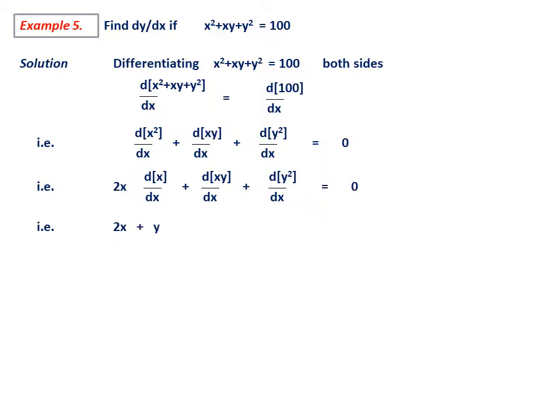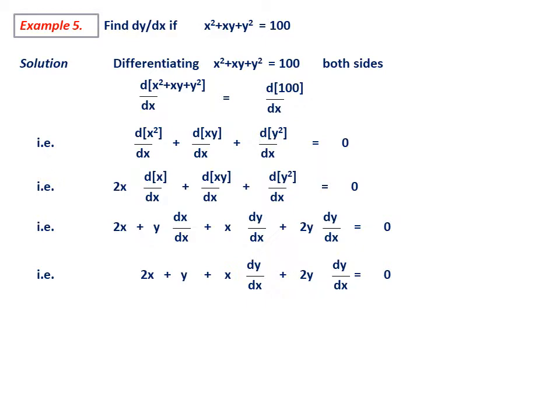Next one, it is 2x, then plus y into dx by dx plus x into dy by dx, that is the product rule. Then in the last term it is the chain rule, 2y into dy by dx, this equals 0. Now, once again, this will be equal to 2x plus y plus x into dy by dx plus 2y into dy by dx, this equals 0.